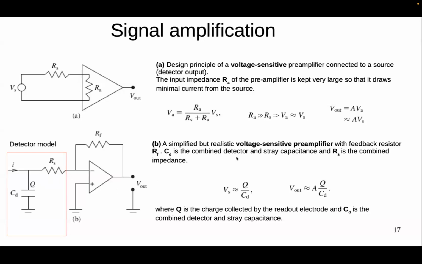CD is the combined detector and stray capacitance, RS is the combined impedance. What is this? I forgot. Wait, let me remind myself what this is.